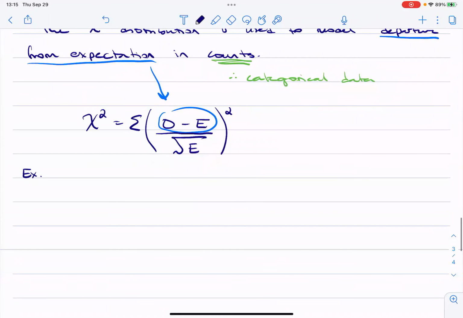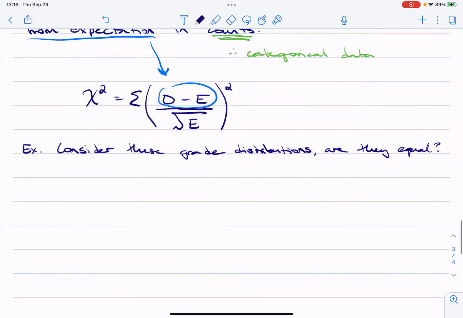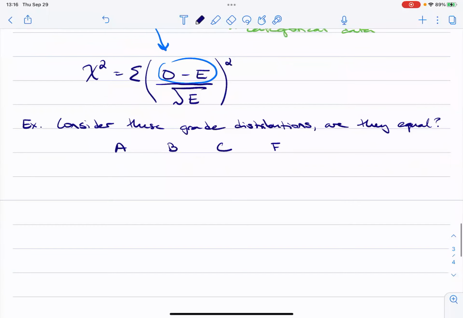Let's write down. Consider these grade distributions. Are they equal? So for example, A, B, C, F. No one's in the F category.